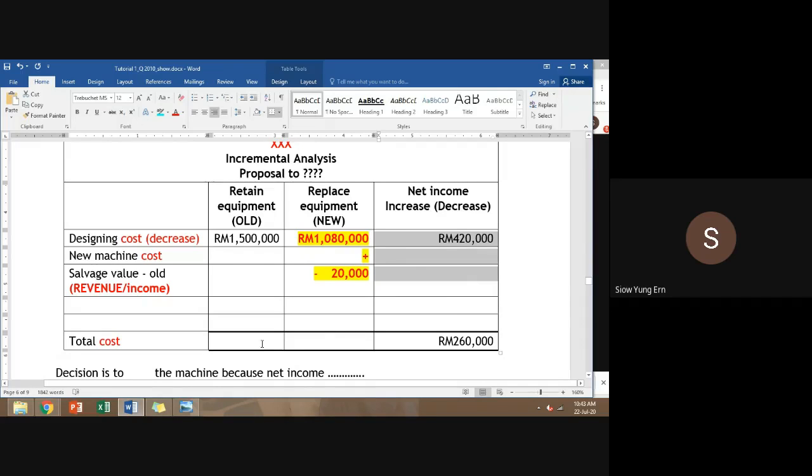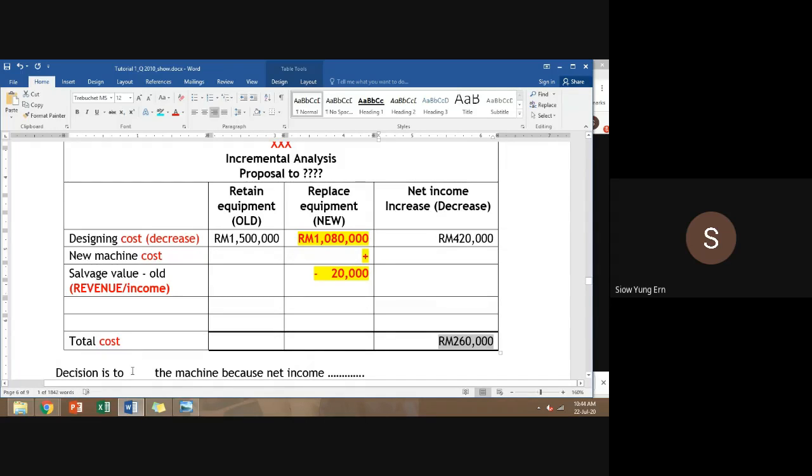Or you can also compare these two. So this is cost. So cost decrease. You compare these two, you will see that the cost reduce. So net income increase. So cost reduce, net income increase.